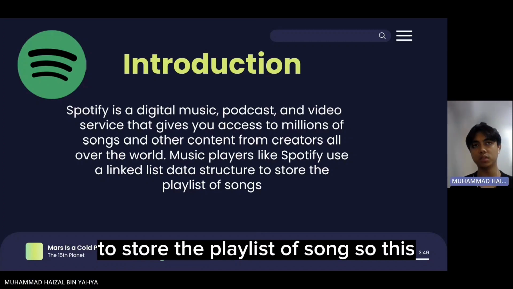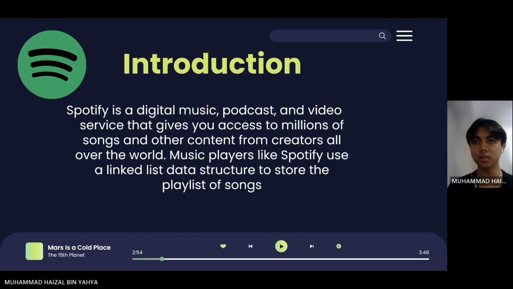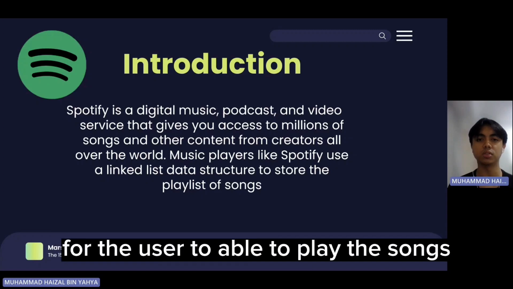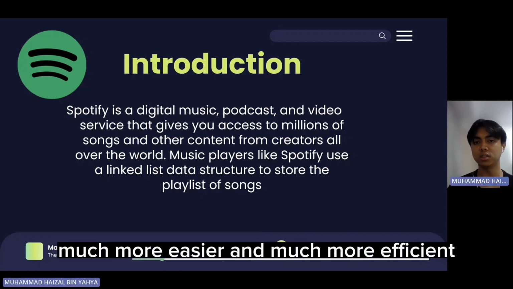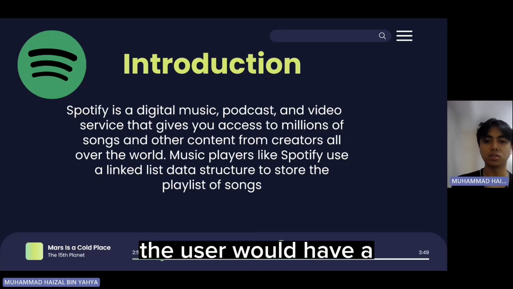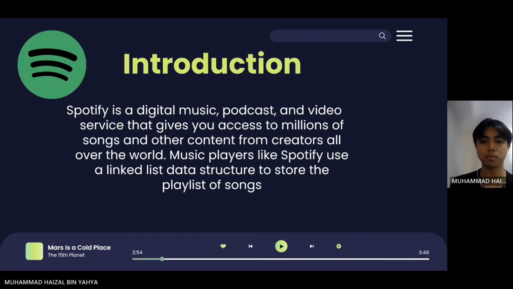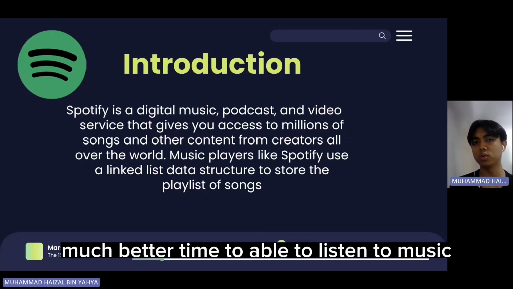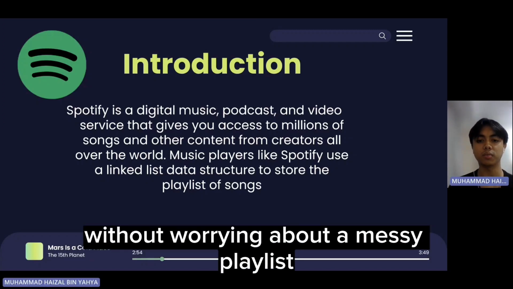From this, it can make the playlist much more organized for the user to play the songs much more easily and efficiently. Because of this, the user would have a much better time listening to music without worrying about a messy playlist.